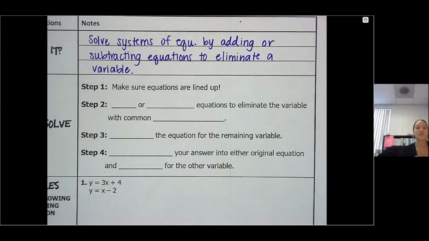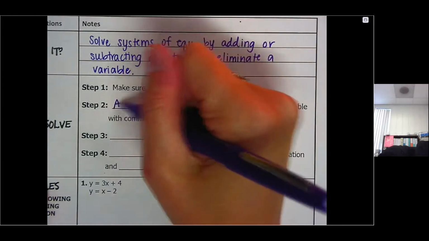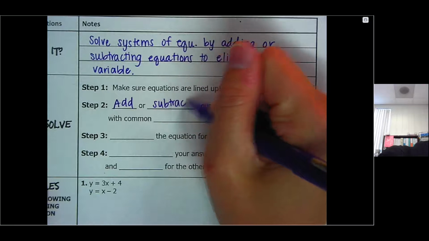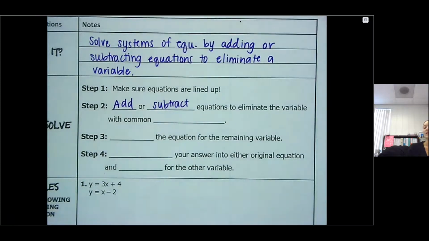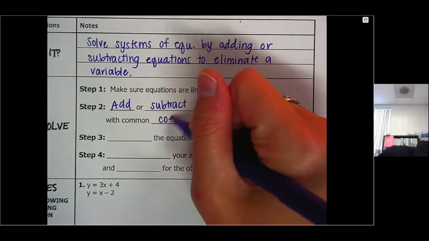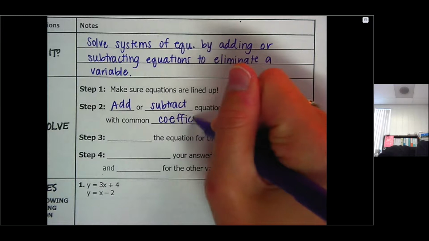Step two, you are either going to add or subtract your equations. That's what elimination is, add or subtract your equations to eliminate the variable with a common coefficient, C-O-E. With a common coefficient.